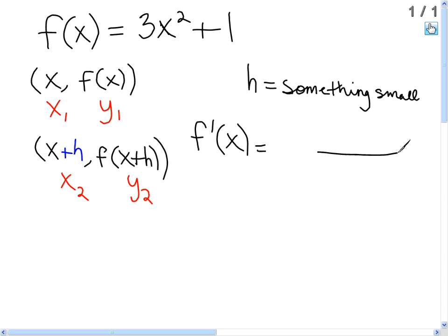So the y sub 2 for this particular function is f of x plus h. Then minus y sub 1, which is f of x, all over x sub 2 minus x sub 1. X sub 2 is x plus h, and that's minus x sub 1, which we know is just x.